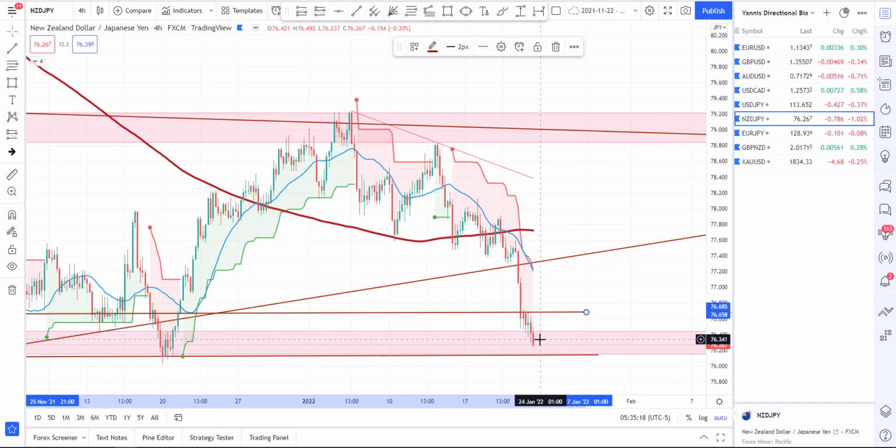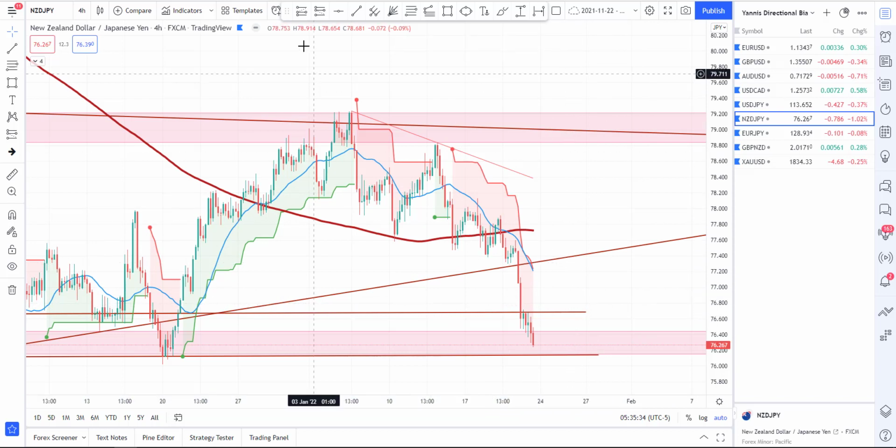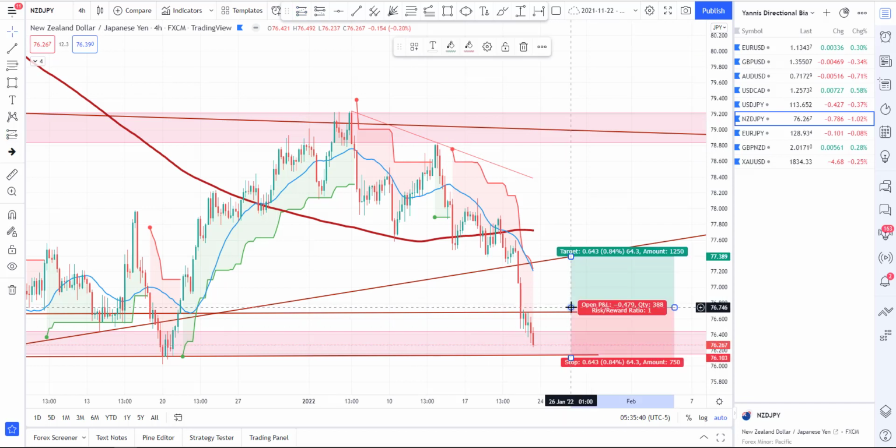The scenario that I'm looking at is a rebound here, a breach of the 76.70 level, coming back down to retest it, and then pushing up. This would be my entry long if that scenario materializes, and if it does, that would give me a very good risk to reward ratio trade onto the upside.